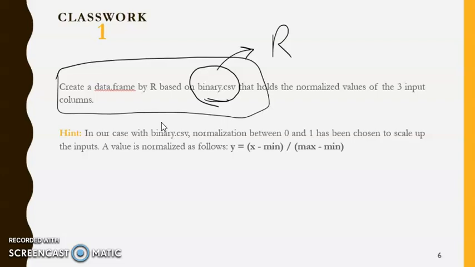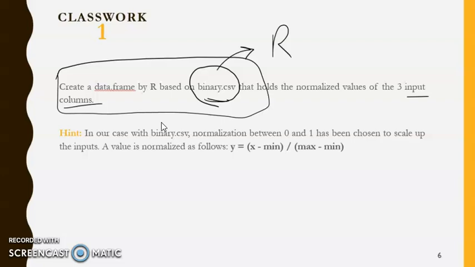And it says create a data frame by R based on binary.csv that holds the normalized value of the three input columns. I need to explain this part to you, because R is, as you know, mostly used for statistical and data analytical applications.